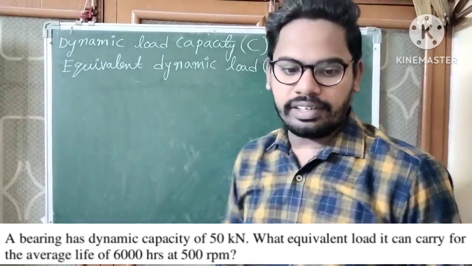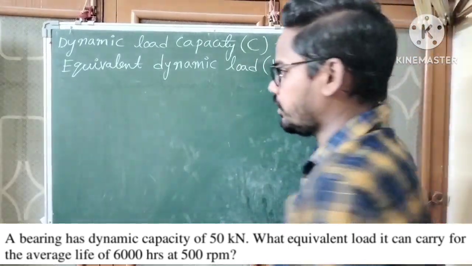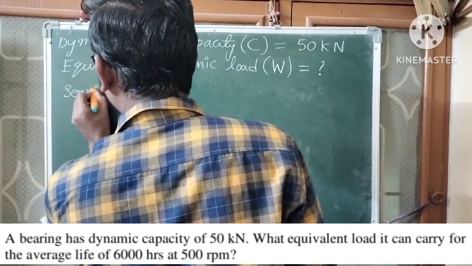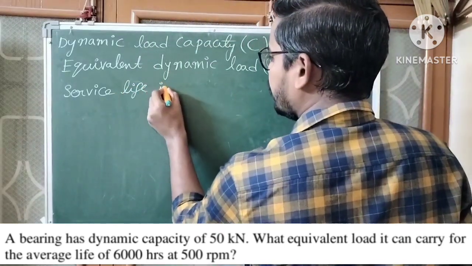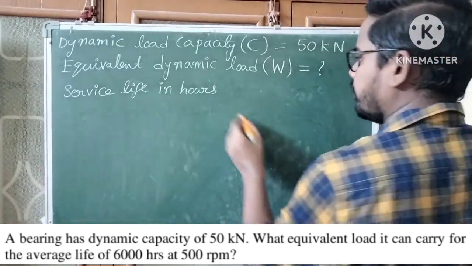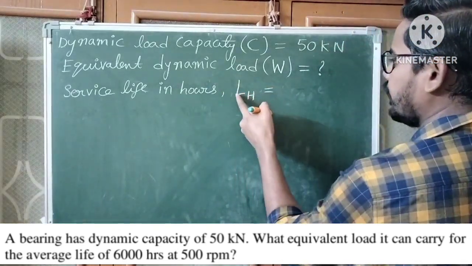So we have to find the equivalent dynamic load, and the average life in hours is given. Service life in hours is denoted by LH, L suffix H, life in hours.